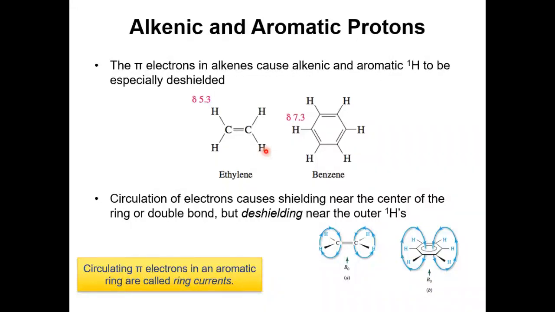This is called the field effect, sometimes also called the anisotropic effect. And obviously for aromatic protons, because you have 6 pi electrons here, the circulation generates a bigger field, so the deshielding effect is even stronger. It's not the electronic effect but the field effect.